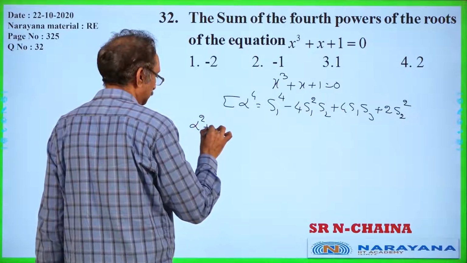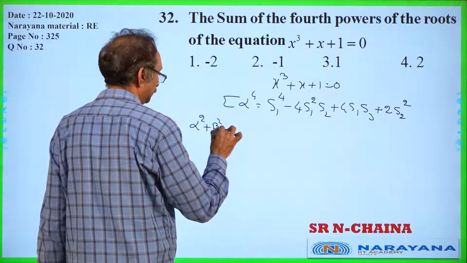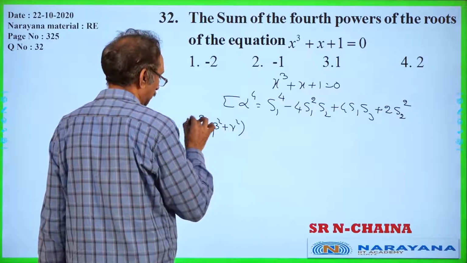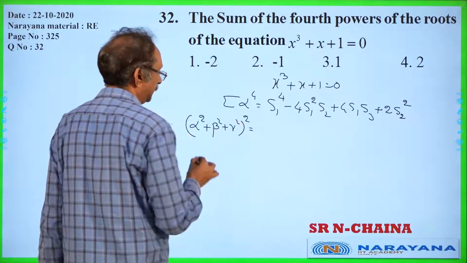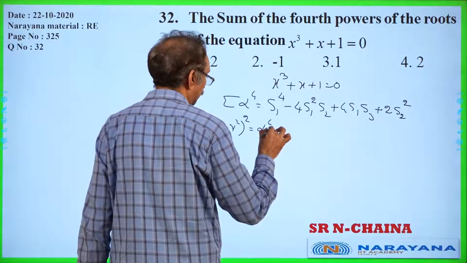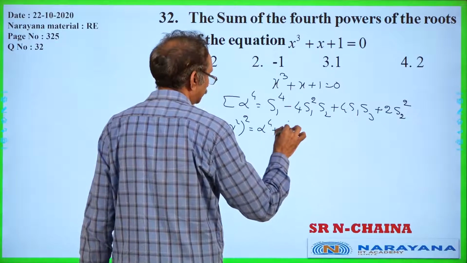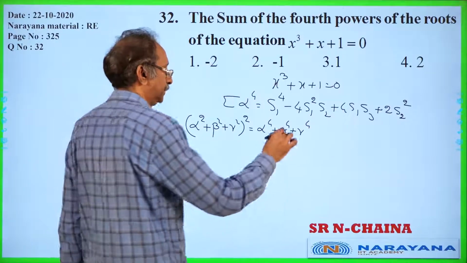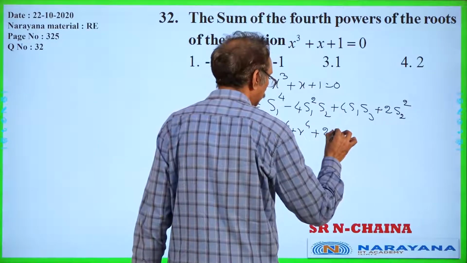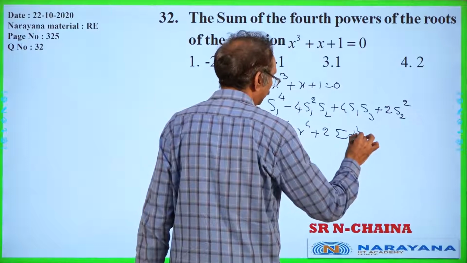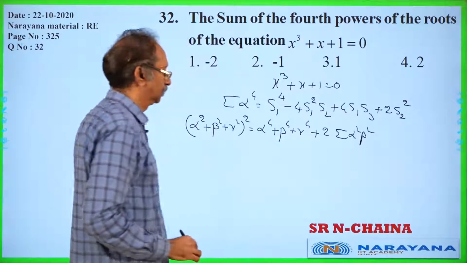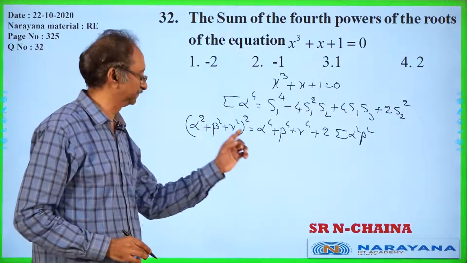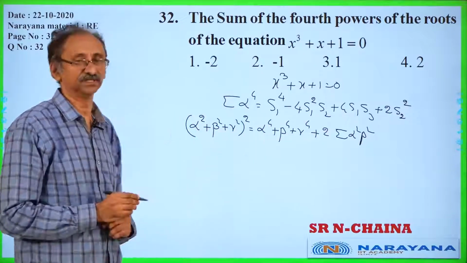See, alpha square plus beta square plus gamma square whole square. You expand this. This is alpha power 4 plus beta power 4 plus gamma power 4 plus 2 into sigma alpha square beta square: 2 alpha square beta square, 2 alpha square gamma square, 2 beta square gamma square.